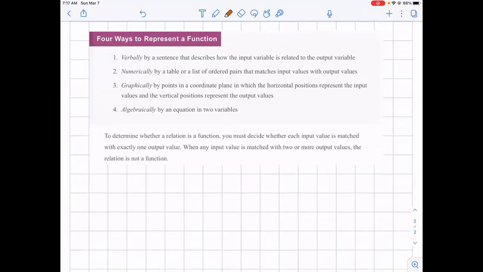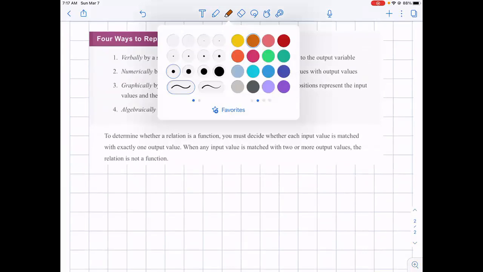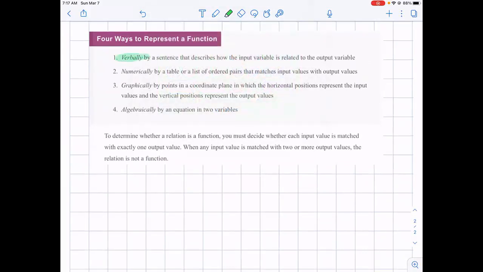We have verbally, then we have numerically, graphically, and algebraically. So those are the 4 ways a function can be presented to you. And we will look at examples to see, if not all, then most of them.